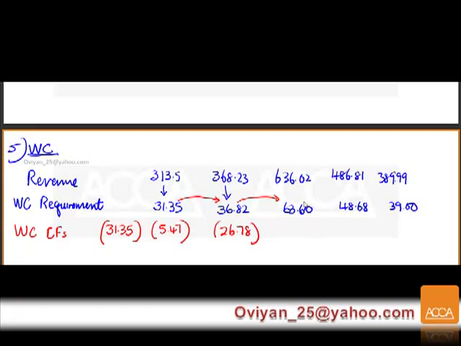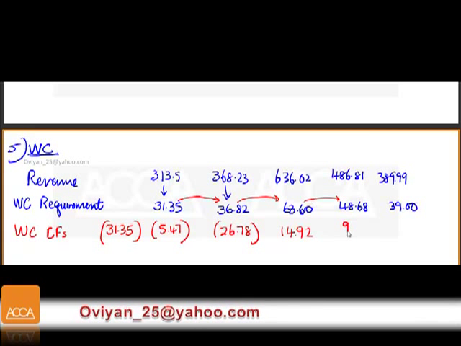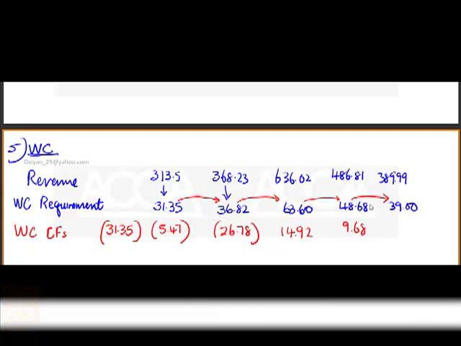26.78. The difference between these two is a fall. You start to recover your working capital, 14.92, and this is going to be 9.68. The difference between these two, and trust me, the last figure is going to be the sum of all these figures.